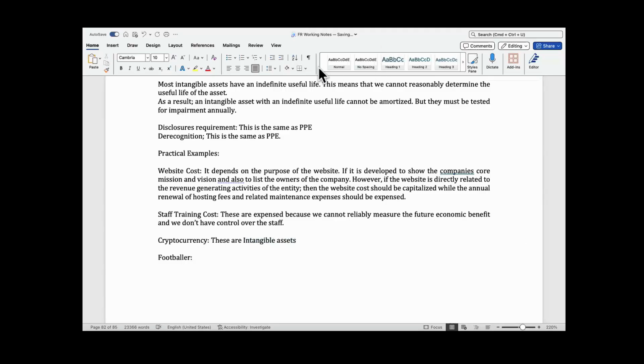Now, footballers. Most of us know these guys. We know what happened, for those that are football enthusiasts. You know how much money all these clubs pay to acquire these footballers. So can we categorize this as an intangible asset?